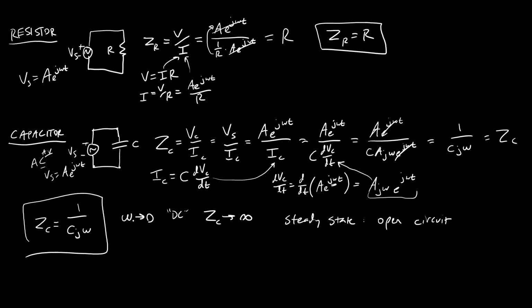But what's interesting now is that we can also see what happens when the frequency goes to infinity. So we're not just limited to this DC steady state case anymore. When you have a signal that's getting higher and higher frequency, oscillating faster and faster, how does a capacitor behave? In that case, if the denominator of this fraction goes to infinity, we see that the impedance of the capacitor is going to go to 0.